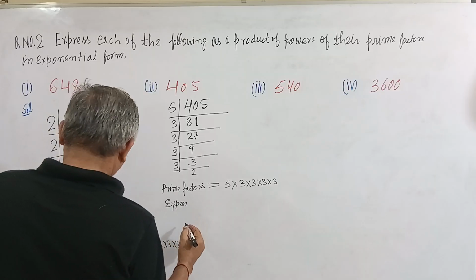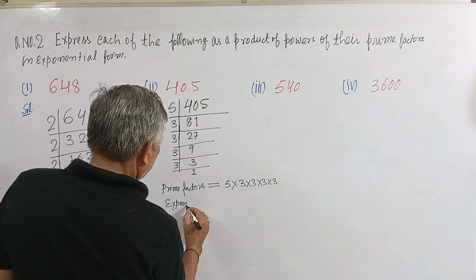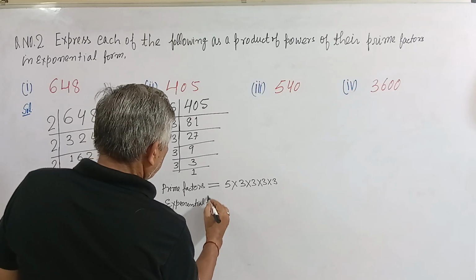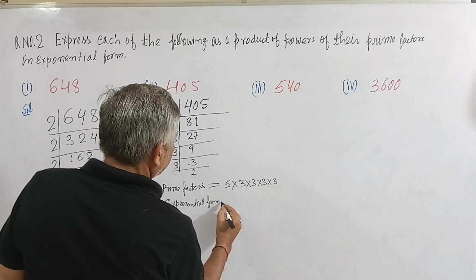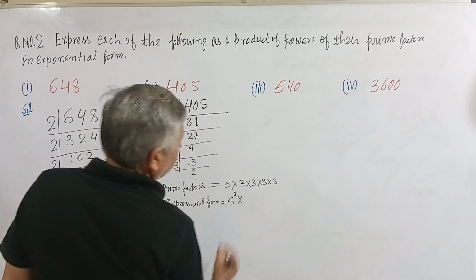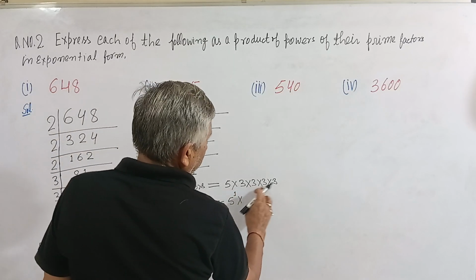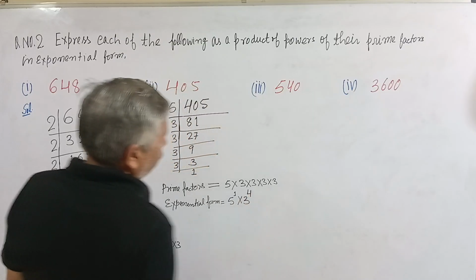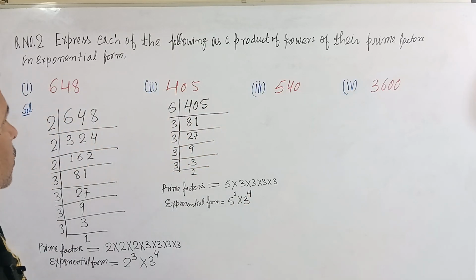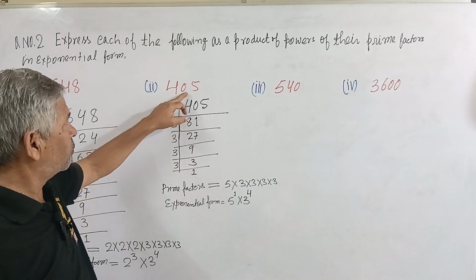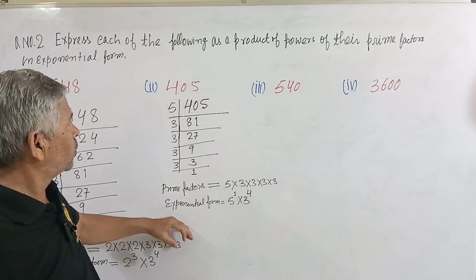So exponential form will become 5 raised to the power 1 into, since 3 is 4 times, 3 raised to the power 4. So this is the answer for the question number second, that is 405.